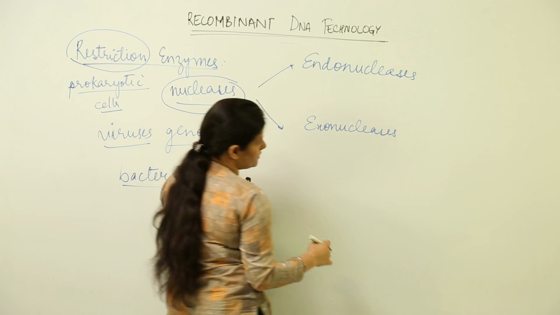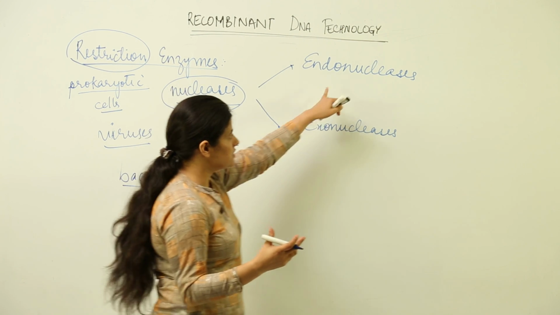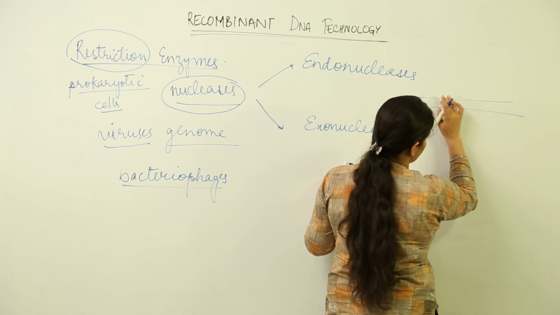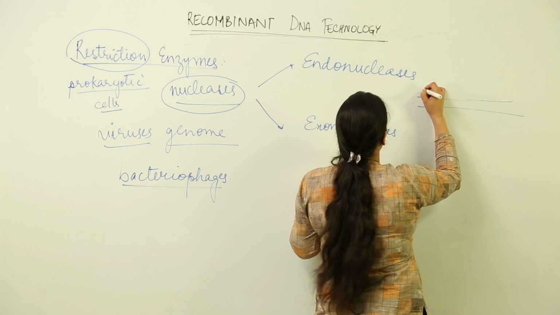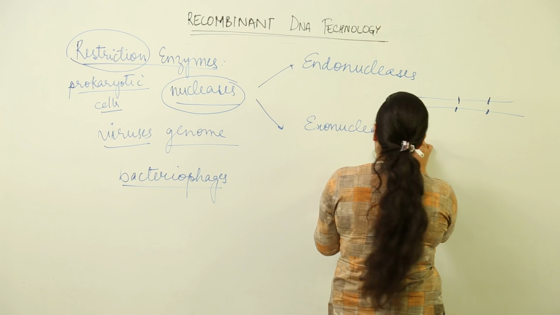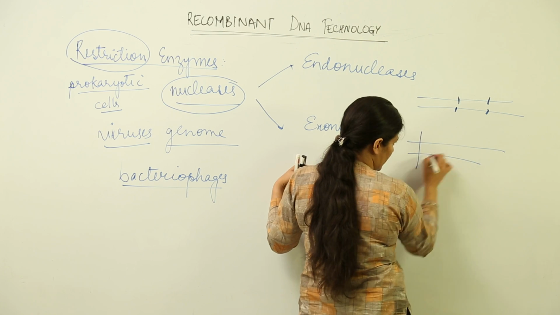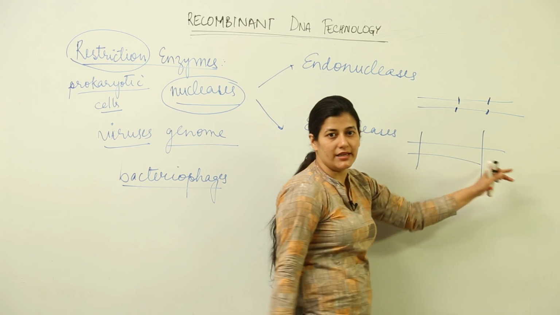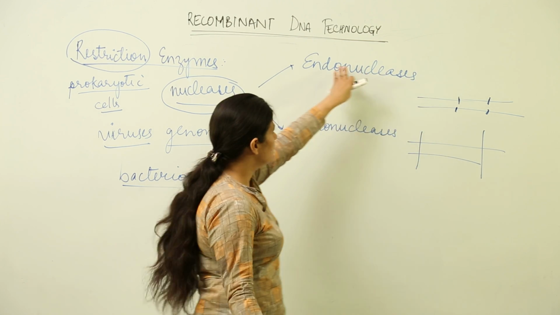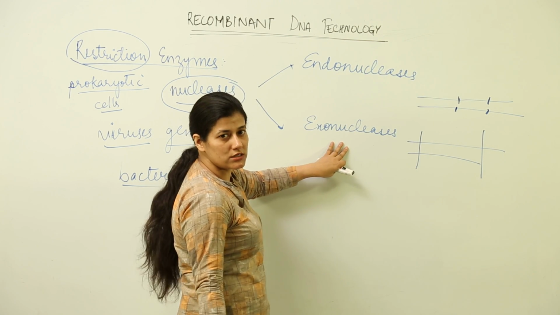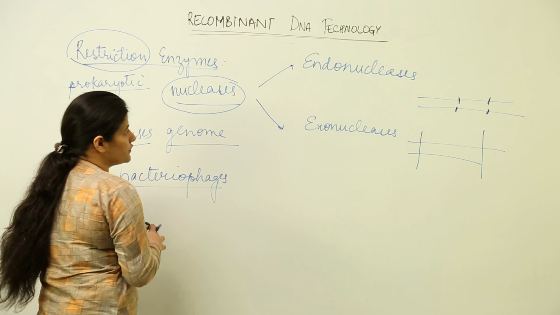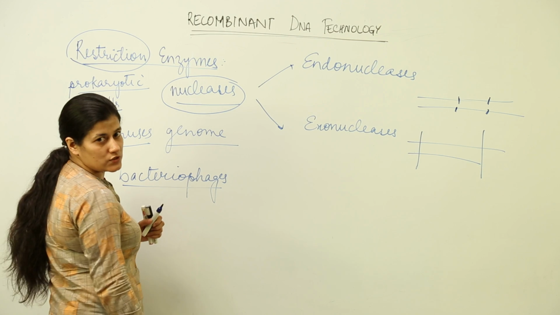Now from your knowledge about enzymes, you must be knowing that endonuclease is going to cut the nucleotide sequence or the polynucleotide or DNA from in between, and exonuclease is certainly going to cut it from the sides. Exonuclease, outside; endonuclease, in between. So this is the difference between endonuclease and exonuclease that we have to study.